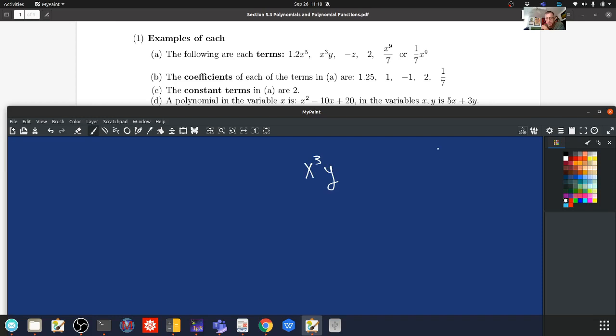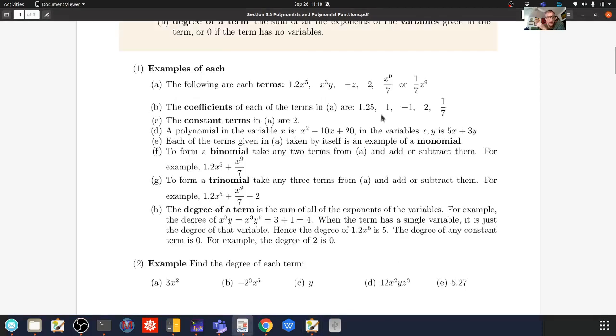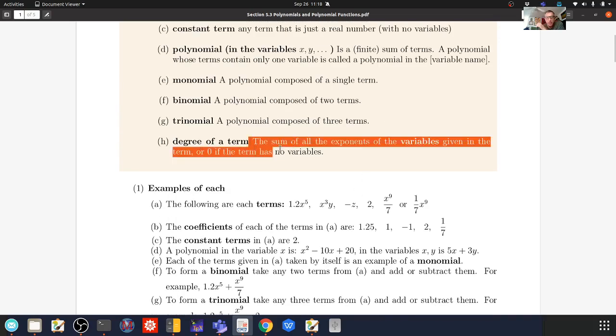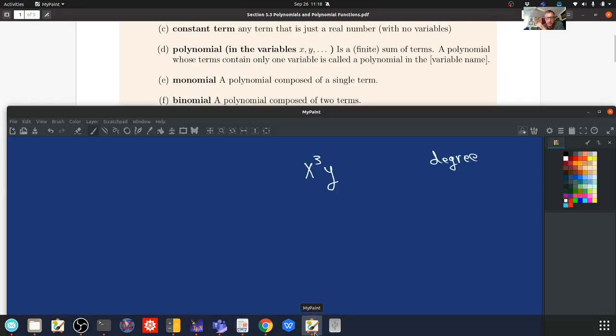So first, it's a polynomial term in the variables x and y, and the degree is defined to be, let's review, the sum of all of the exponents of the variables. Well, y has an unwritten exponent of 1, so the degree is equal to 3 plus 1. So this has degree 4. This is a degree 4 term.